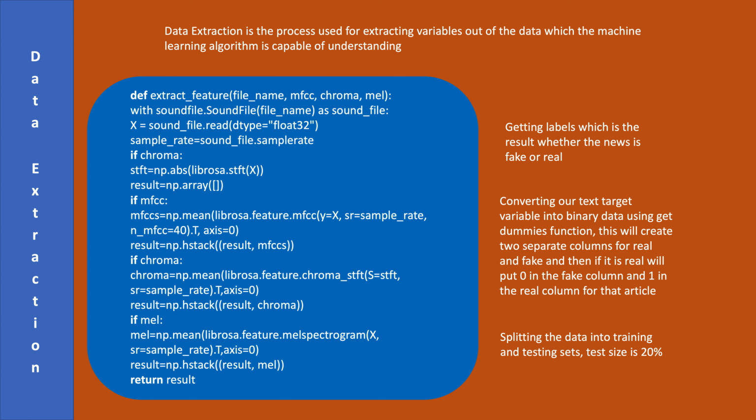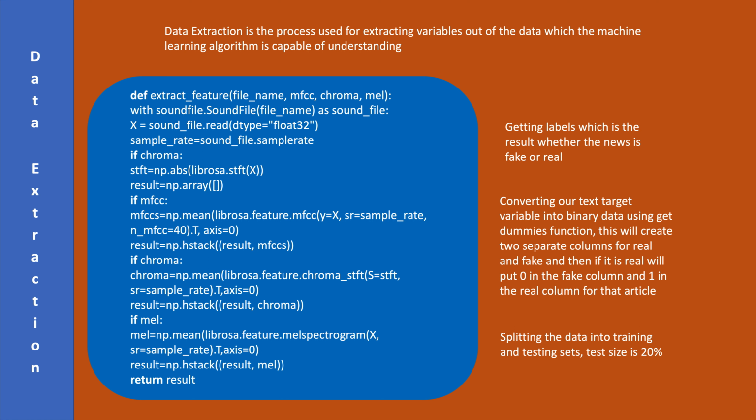So first we say with soundfile.SoundFile(file_name). So we are simply reading the file name and converting it into a new data type, which is float32, which simply means numbers with decimal places. Then we are declaring a sample rate. Sample rate is simply, as I explained before, the number of partitions it will make of the data.